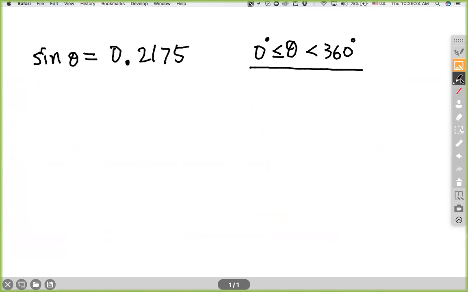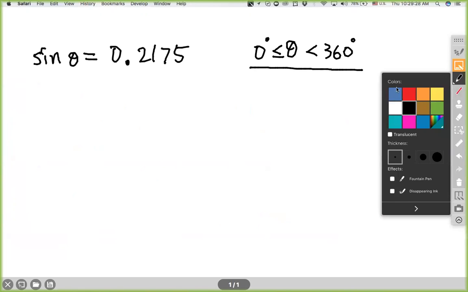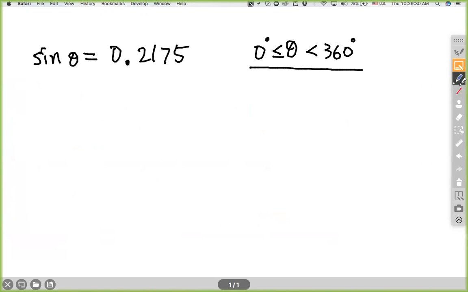So here's what you're going to do. First thing to do is to locate two angles. Typically, a sine or cosine equation gives you two solutions, as we have seen in the previous examples today.